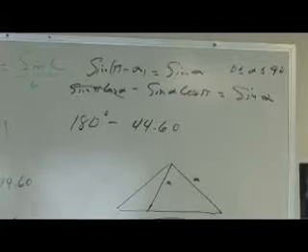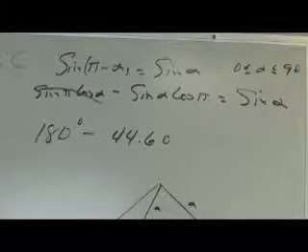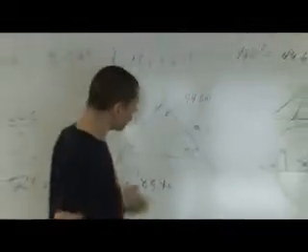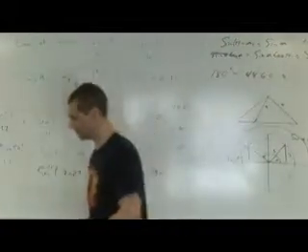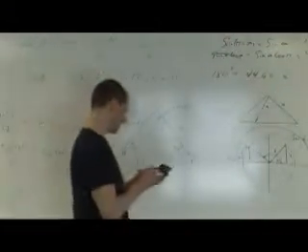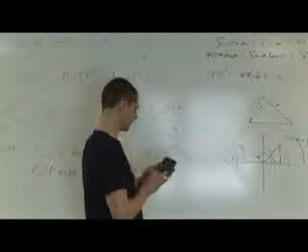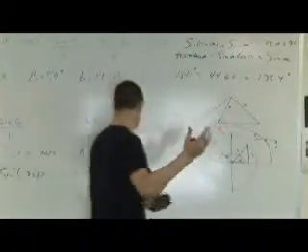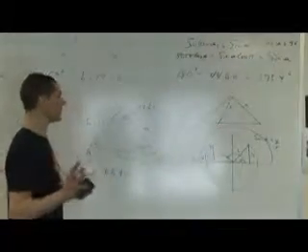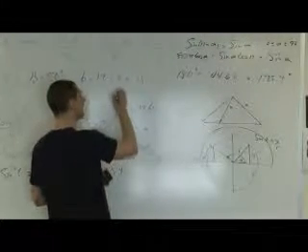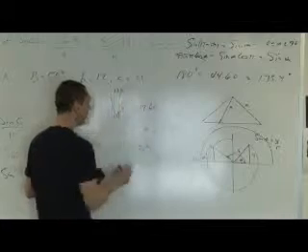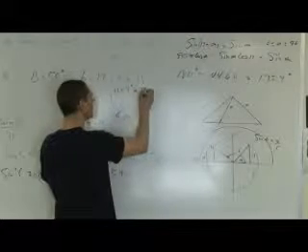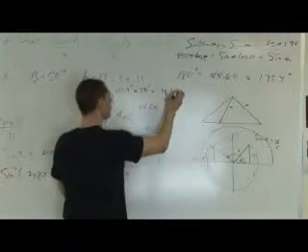So here's what you need to do. We figured out that the arc sine of the first thing we got was 44.60 degrees. It could also be this, which is 180 minus 44.6, or 135.4 degrees. Does this work? And what do I mean by does this work? Well, if this angle is actually 135.4, then 135.4 plus 50 is 185.4.